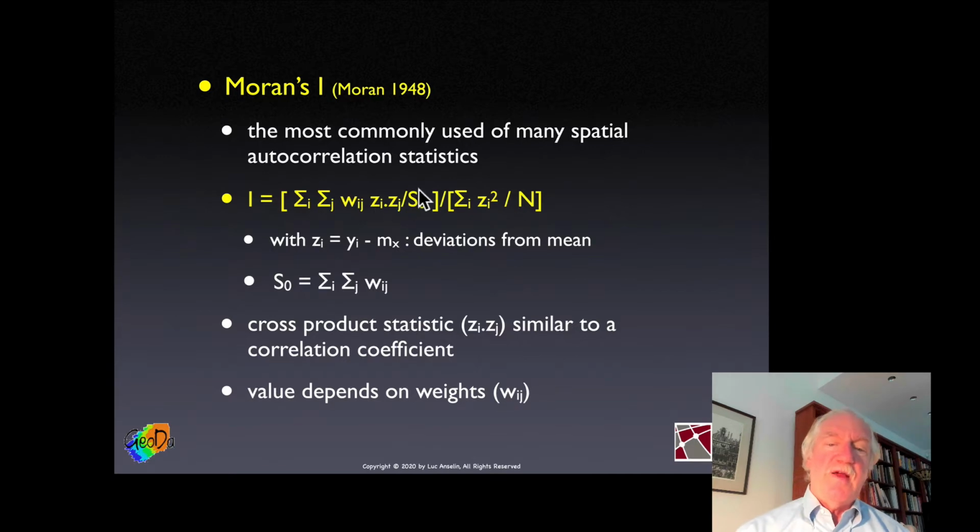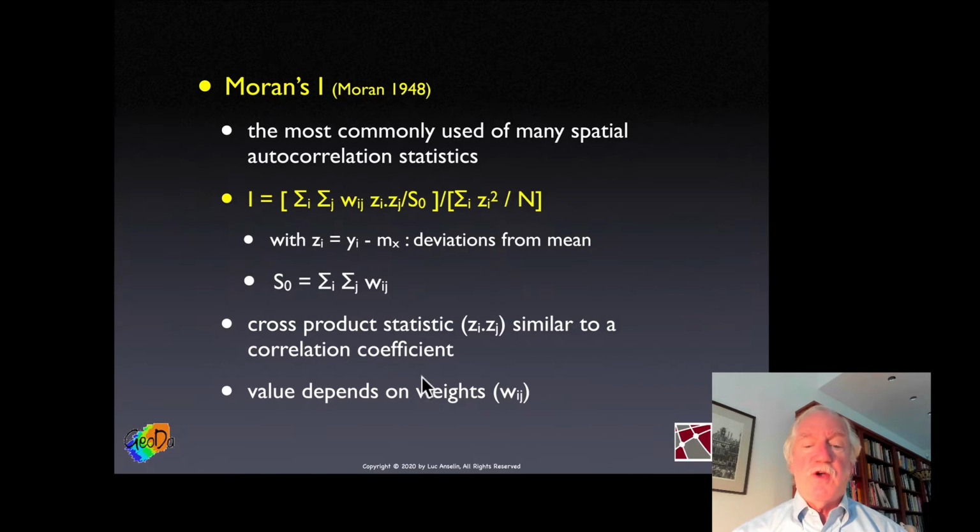So basically, we can think of a correlation. The Pearson correlation coefficient would be the cross products divided by the product of the standard deviations. Here it's an autocorrelation, a correlation with itself. So the cross product pertains to different locations, but the same variable.